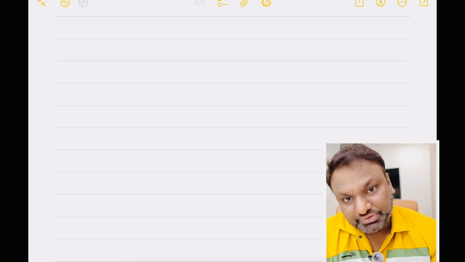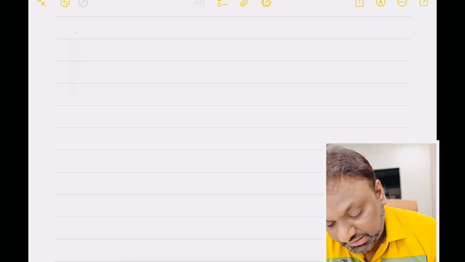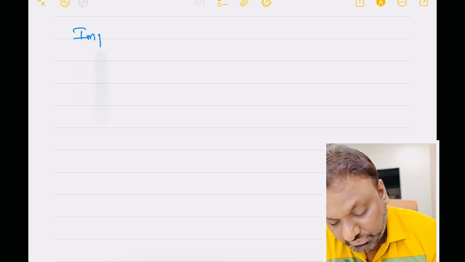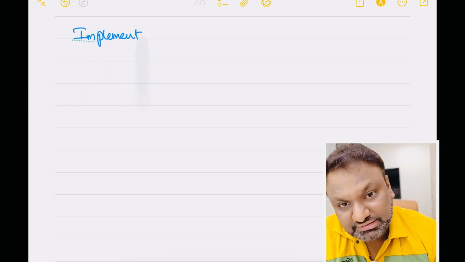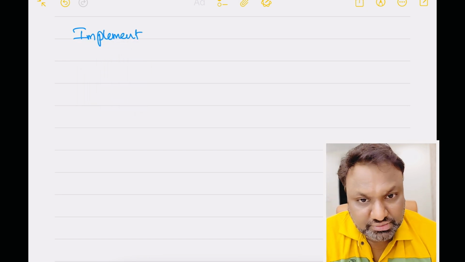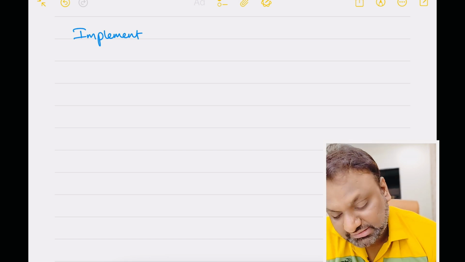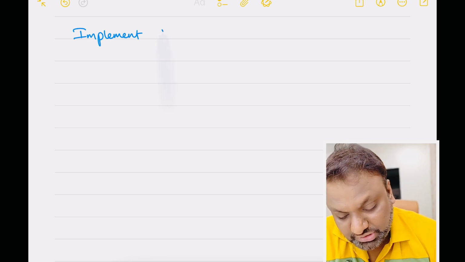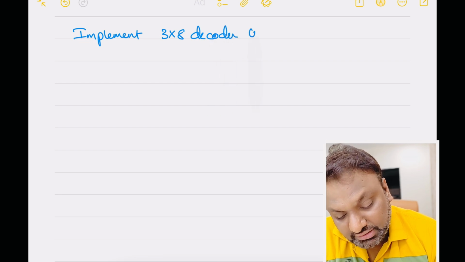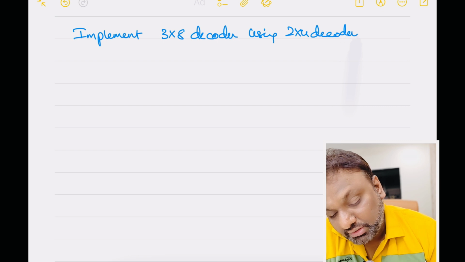Now let us try to implement generic questions which are asked in end semester examinations. Implement a 3 to 8 decoder using 2 to 4 decoders.